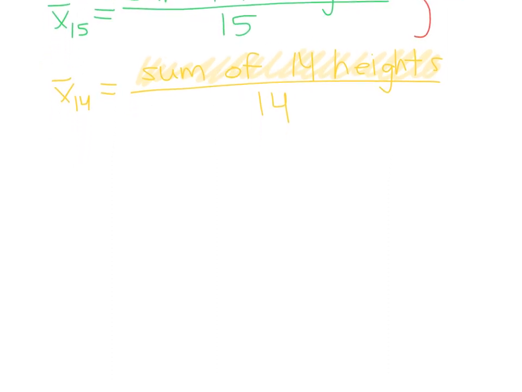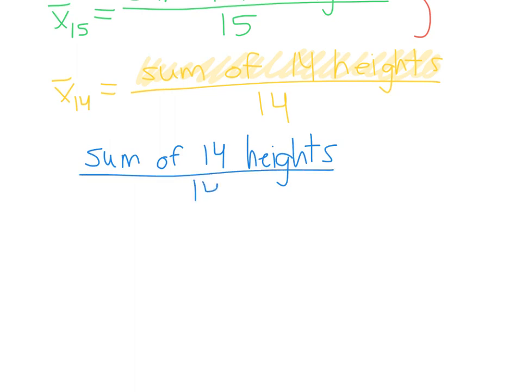So this is what we're going to do. We actually know what the sum of 14 heights divided by 14 is. We know that mean. They told us that it's 68. So we can think of this as an algebra problem where this whole numerator is unknown. So how could we solve for that numerator?